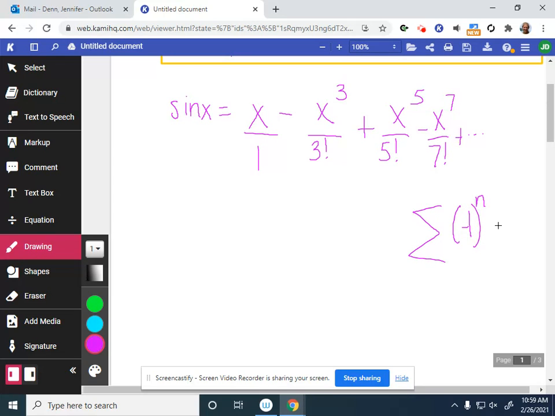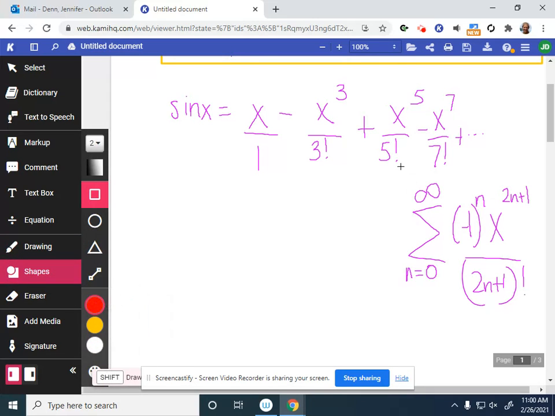So we're going to have that alternator. x to the, do you remember how to write odd numbered powers? It's going to be 2n plus 1 over 2n plus 1 factorial. n is going to start at 0, because 0 will give me x to the 1st, 0 will give me 1 factorial, 0 will make this positive. And there it is. That is the series for the sine of x.